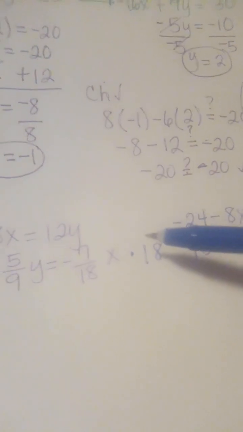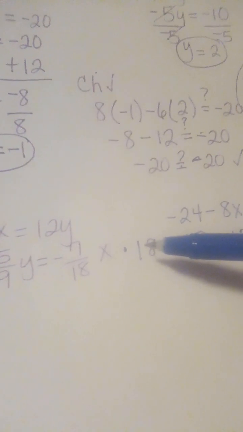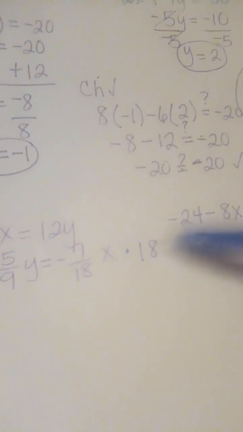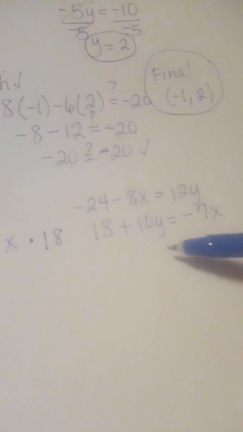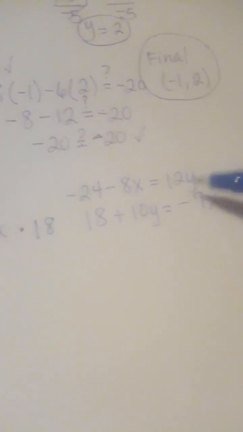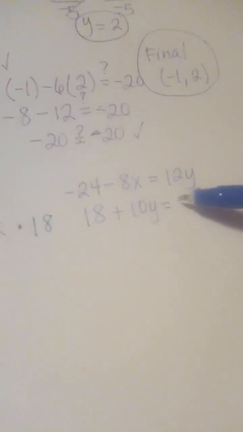Then we got negative 7x times 18, we get rid of the 18, so we got negative 7x. So this is what we got. We clean it up just a bit. Now we could rearrange both equations.